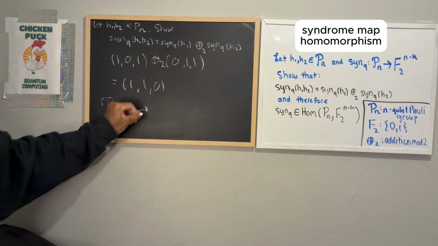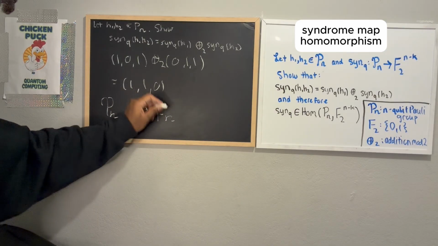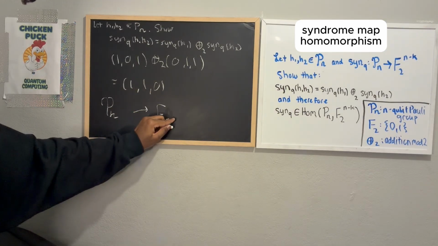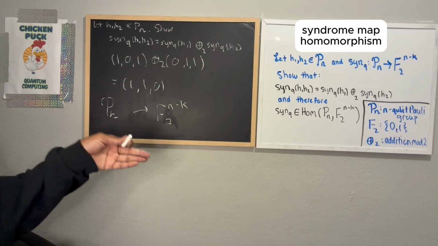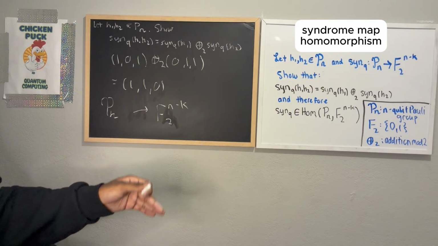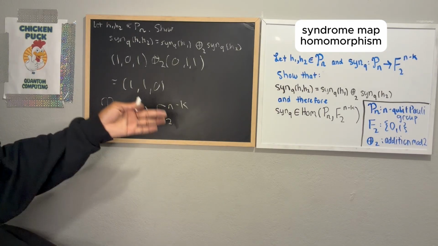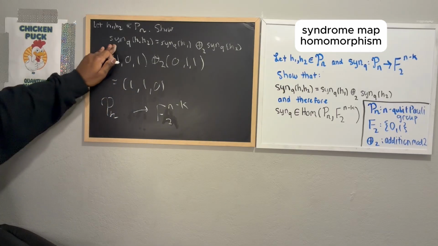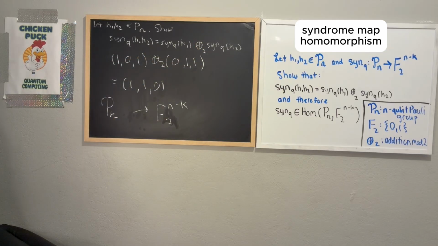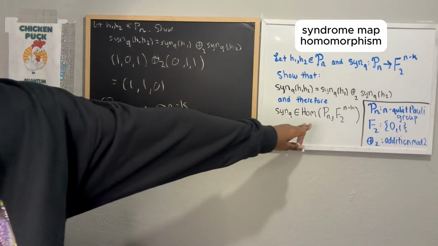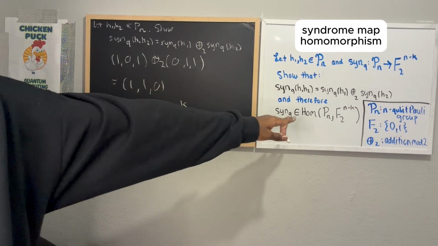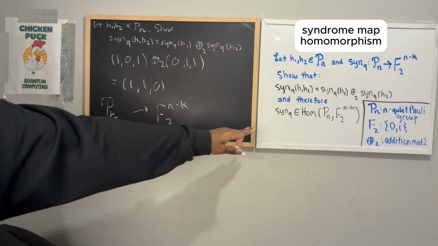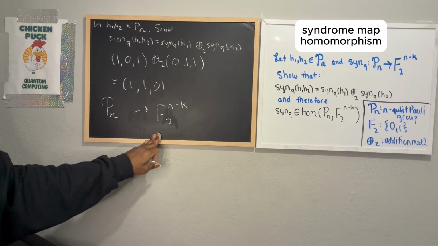The output is F2 to the n minus k, where the operation is binary vector addition. To show the syndrome map is a homomorphism, we need to show this statement, which is exactly what this question is asking us to prove. And Hom(Pn, F2^(n-k)) just means the set of homomorphisms from Pn to F2^(n-k).